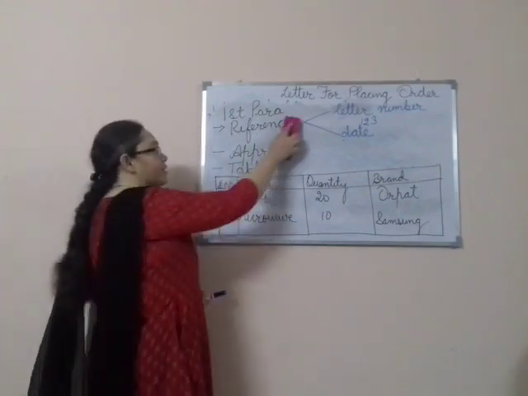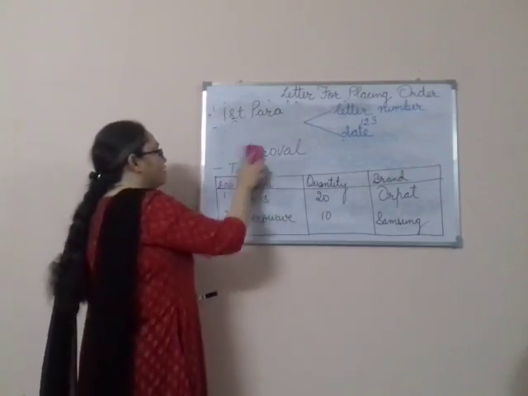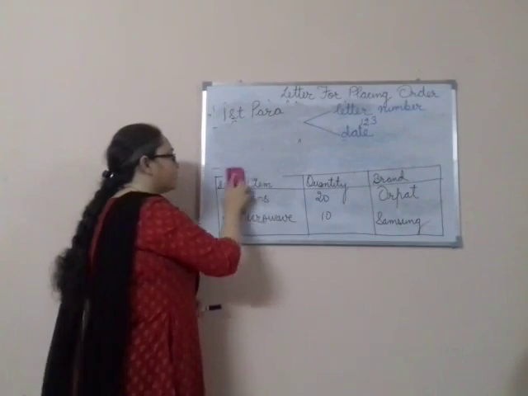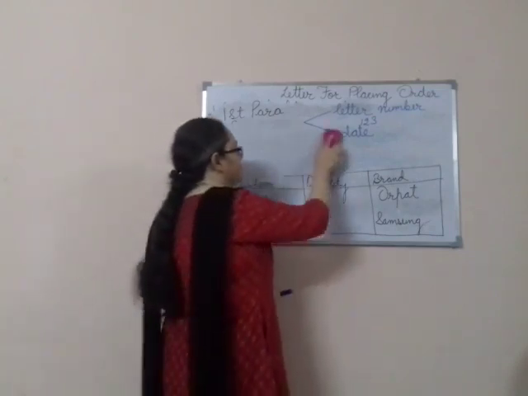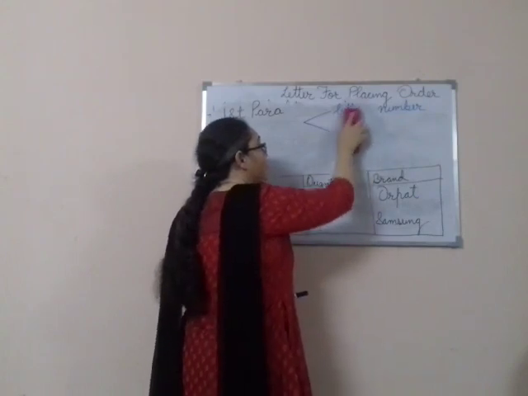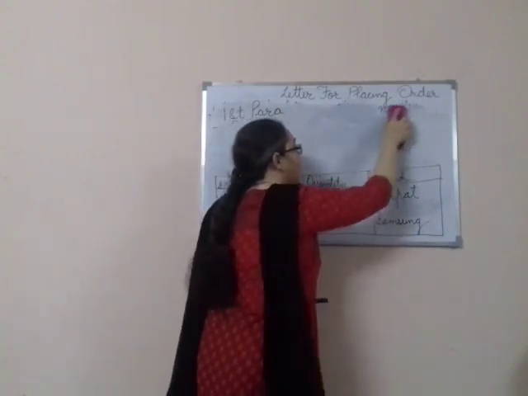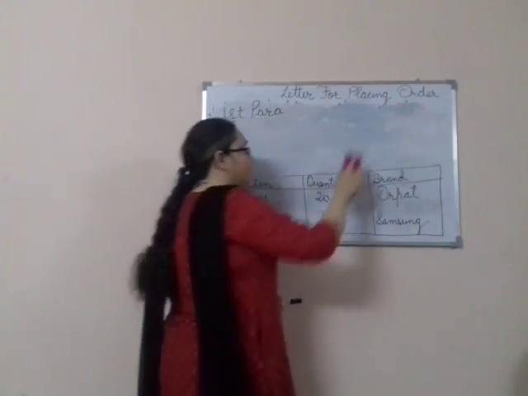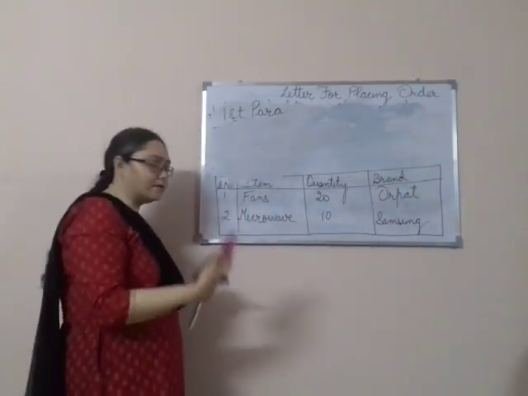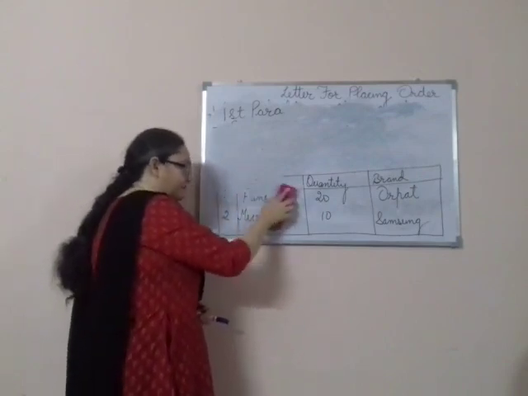Let us quickly revise what are the things that we should write in this paragraph. The first thing is the reference. Very good. Now we are referring to what? We are referring to a previous communication that we had with the firm, and we will write the letter number and the date on which that letter was written.